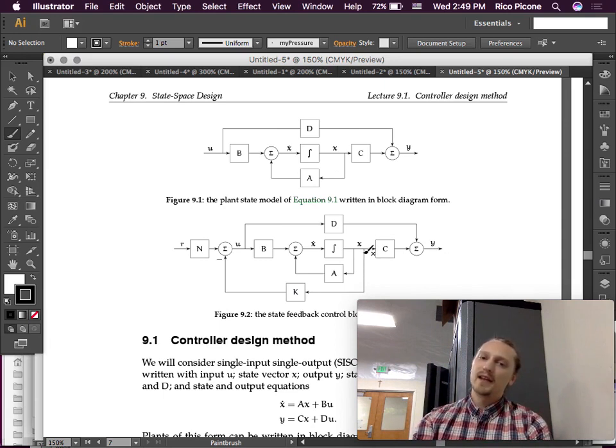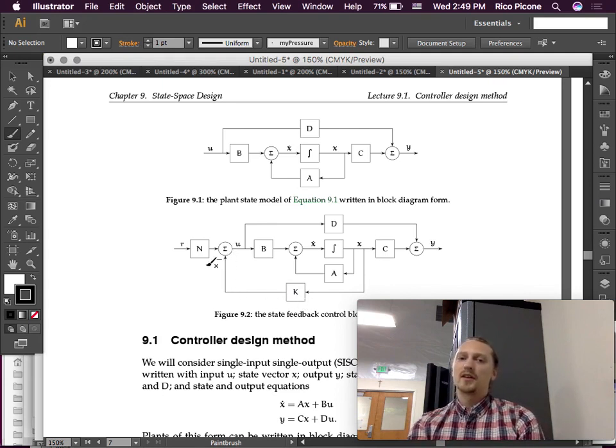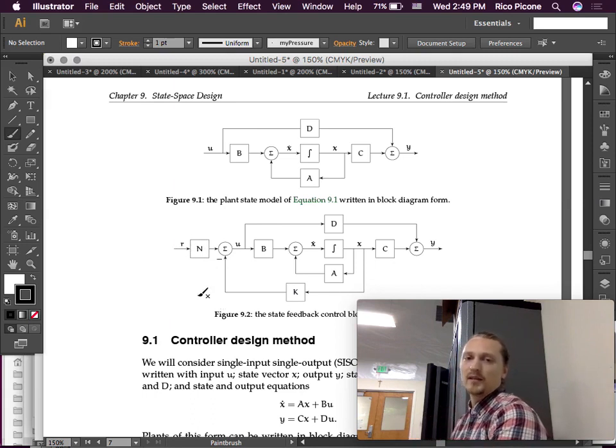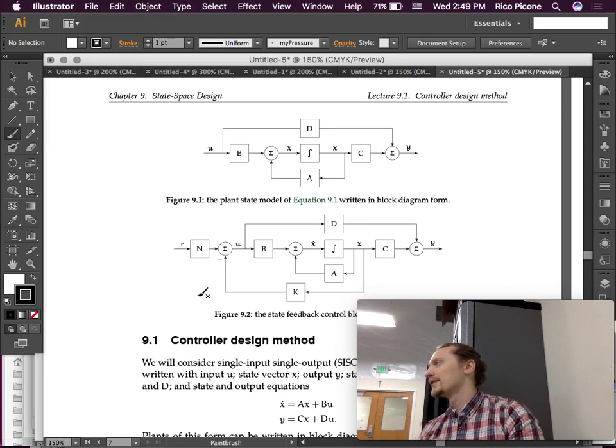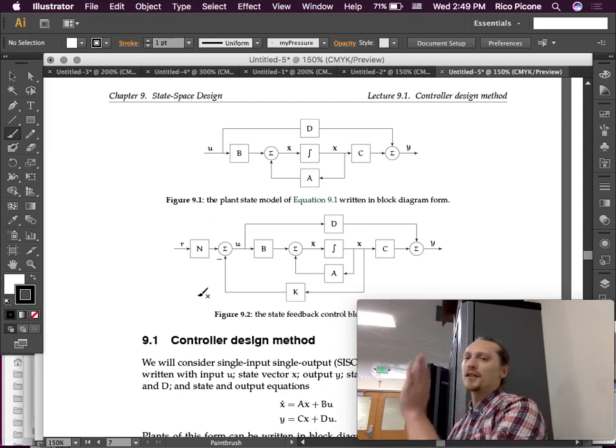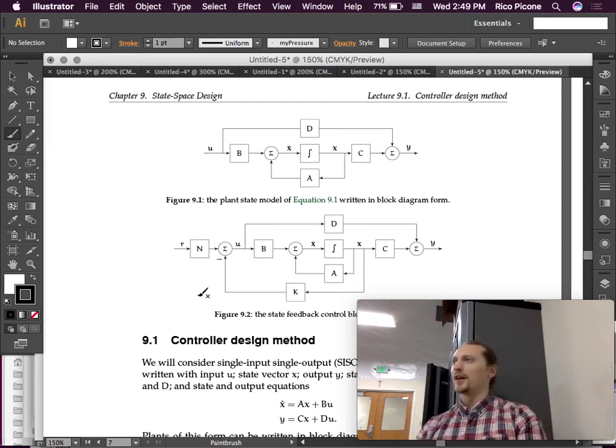We're going to take the state vector out, and we're going to multiply it by these gains that we're going to compute, the gains of the controller, and we're going to bring it back to a summing junction and compare it to our command, which we'll talk about a little bit how that works. But the idea is that we know all of our states. Like we have a measurement, you could say, of all of our states. That's one way to think about it, is having a measurement.